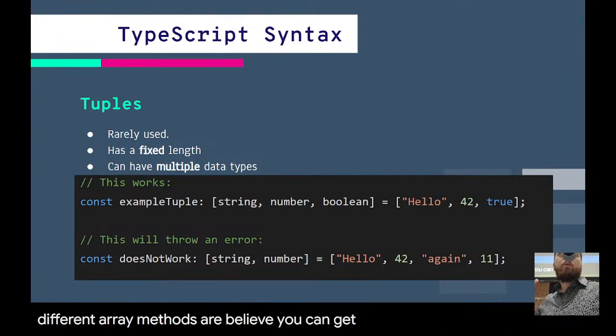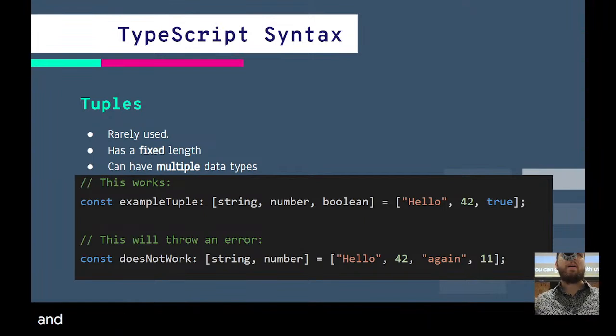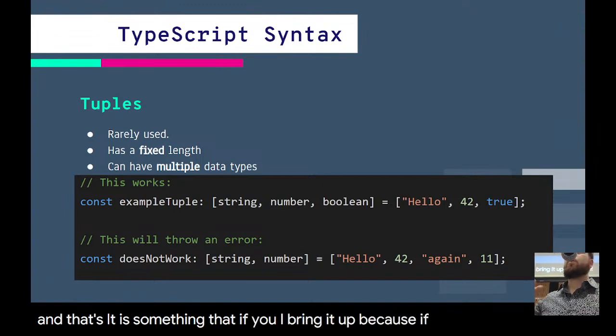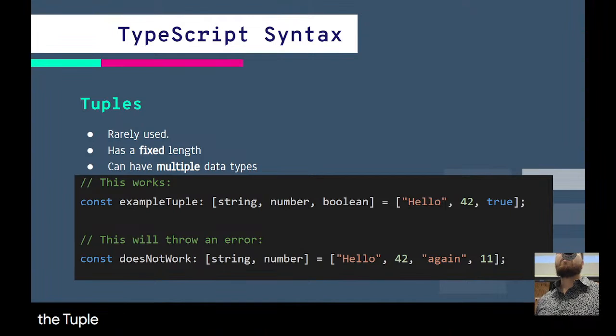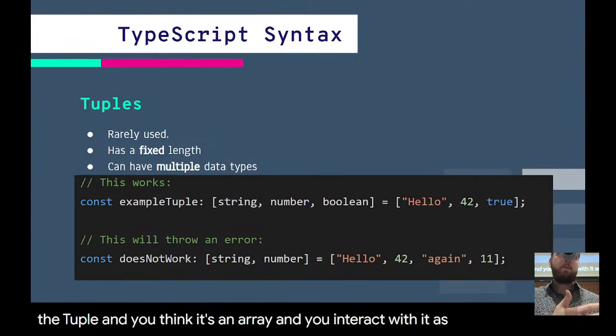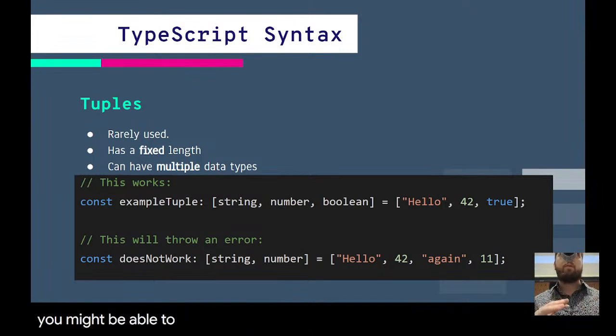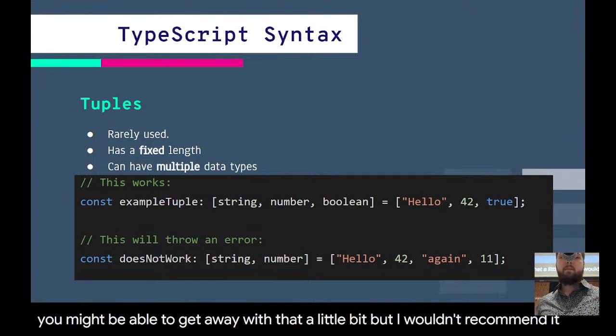I believe you can get away with using them on a tuple, and that's not intended behavior, but I bring it up because if you are working with a tuple and you think it's an array and you interact with it as if it was an array, you might be able to get away with that a little bit, but I wouldn't recommend it.